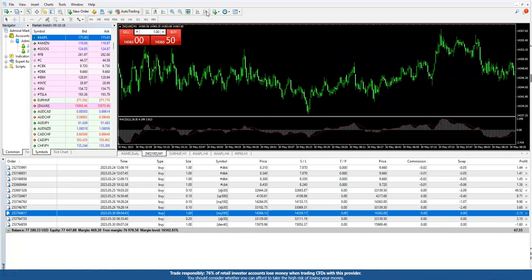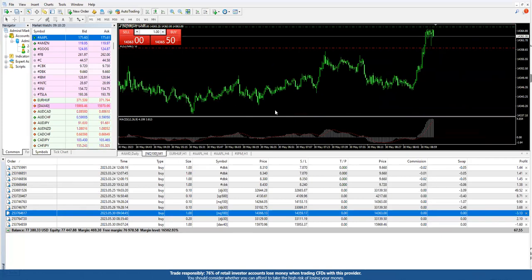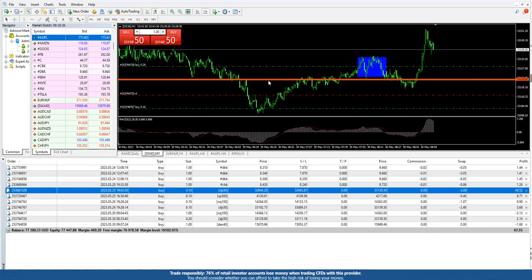Until I wait, I will check Nasdaq. Maybe the stop loss is too close to this price, and I will check what's happening in Dow Jones. I hope that we will have some opportunities to buy these products at a lower price during the afternoon or before the afternoon opening hours.